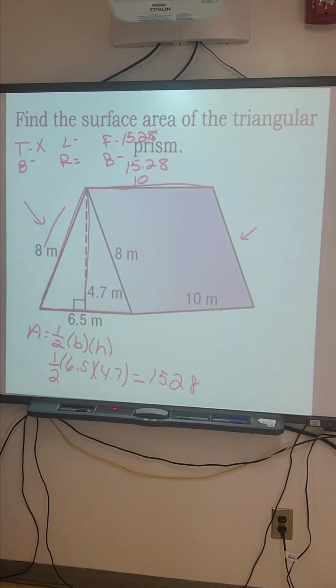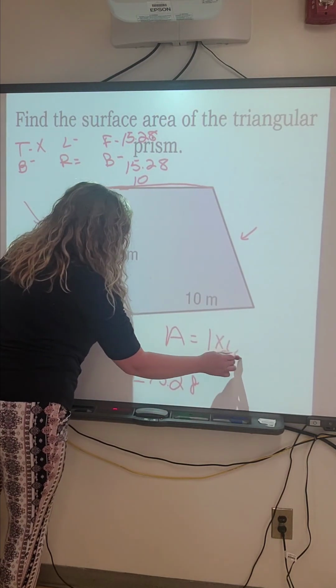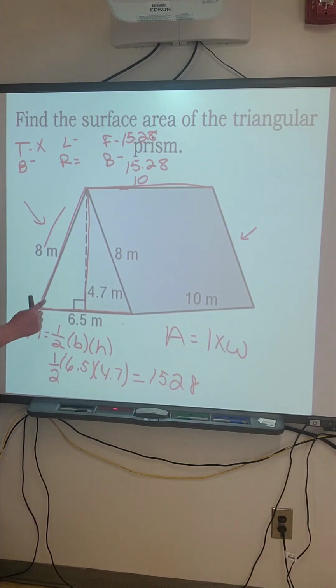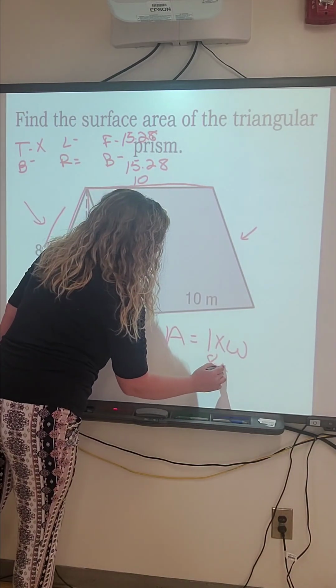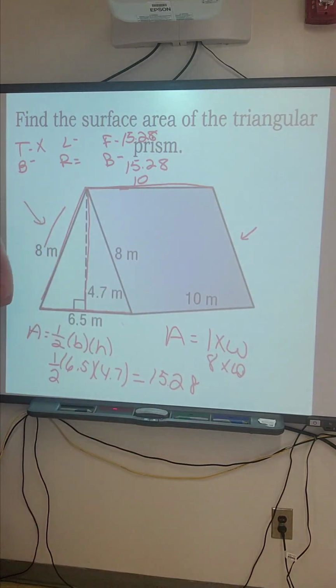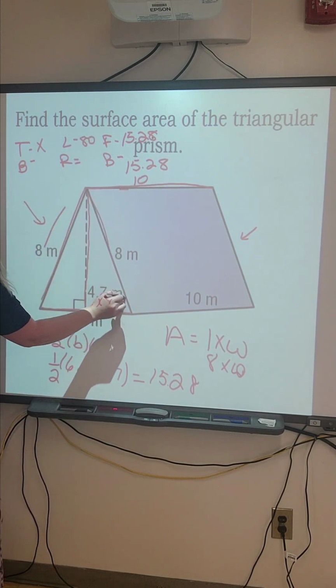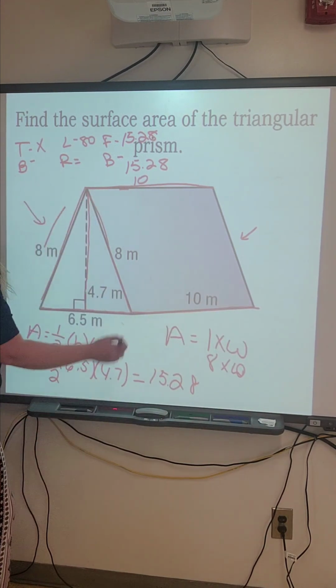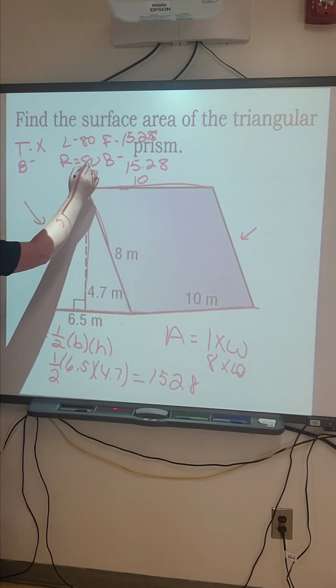Remember that whenever you have a rectangle, the area is length times width. So 8 times 10 is 80. So the left is 80. And also, we can tell that this right side is going to be 8 times 10 as well, so it's going to be 80.